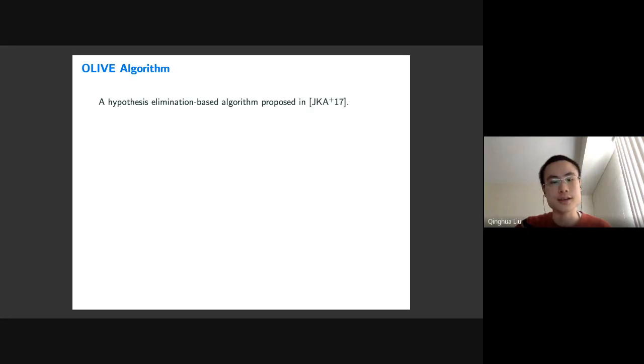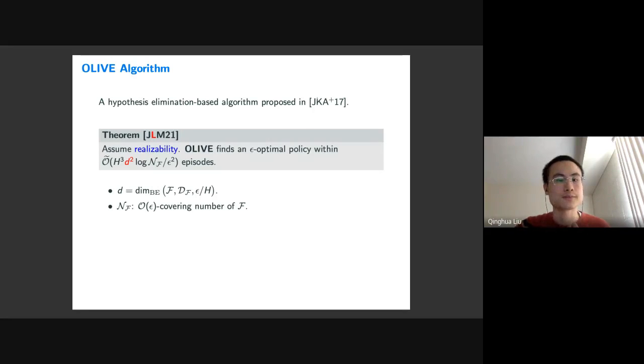And the answer is yes. It turns out we can reanalyze the Olive algorithm. This Olive algorithm is based on hypothesis elimination and was proposed in Jiang et al. 2017. Because the algorithm is a little bit complicated, I will skip the description here and only introduce its theoretical guarantees. For this Olive algorithm, we only need to assume realizability.